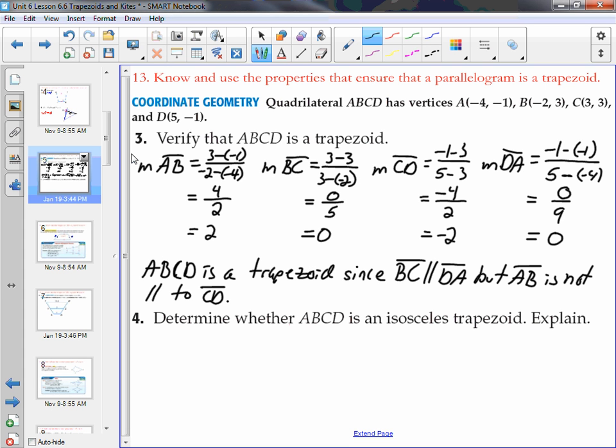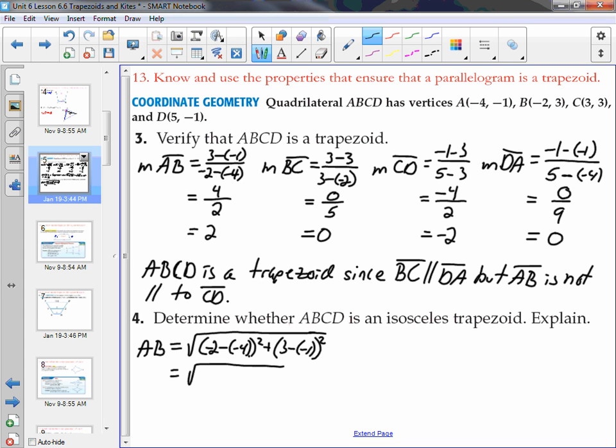So the length of AB is going to be the square root of (-2 minus -4) quantity squared plus (3 minus -1) quantity squared.